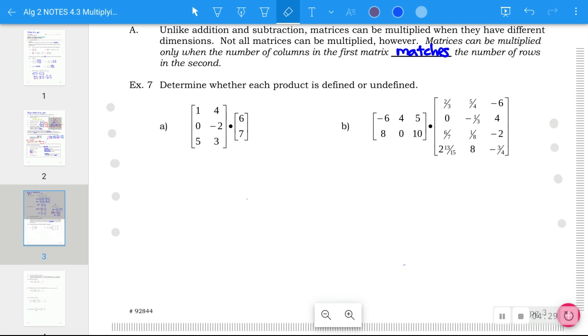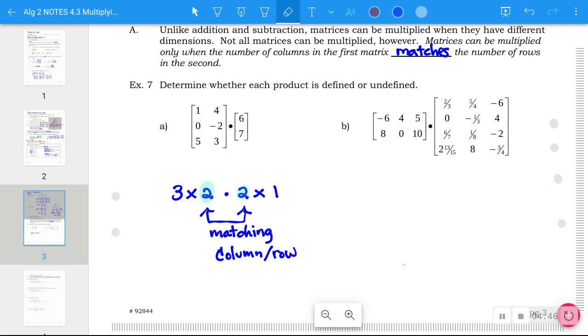We have a 3 by 2 matrix times a 2 by 1 matrix. Now, the number of columns in the first matrix needs to match the number of rows in the next matrix. And we can see that these match.